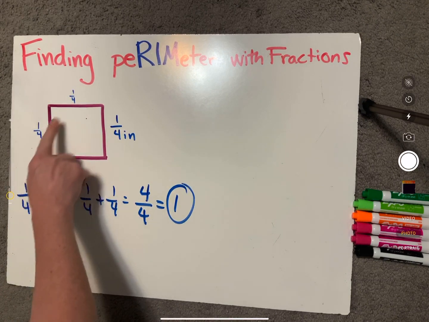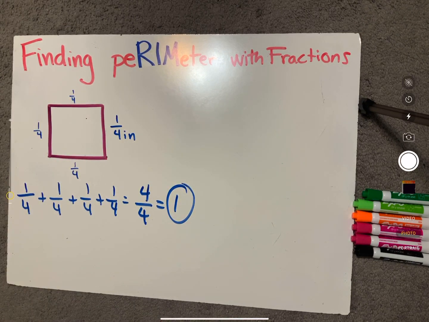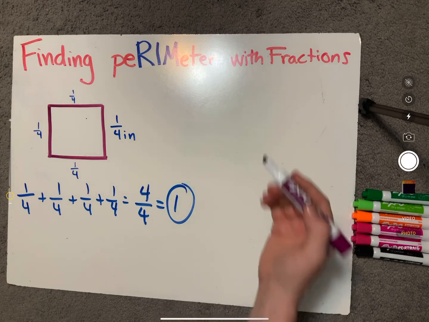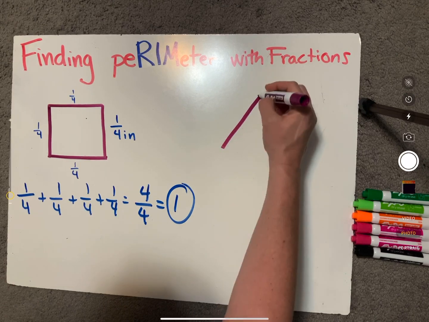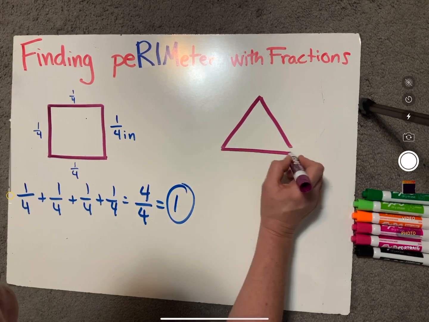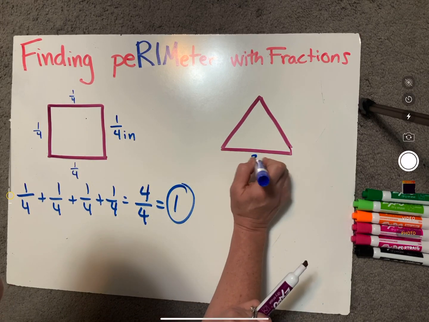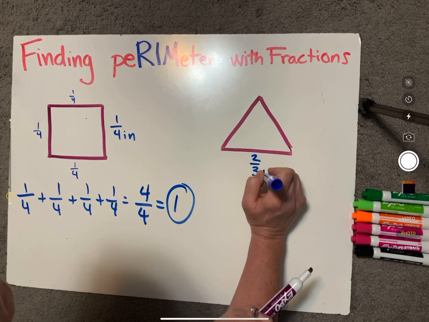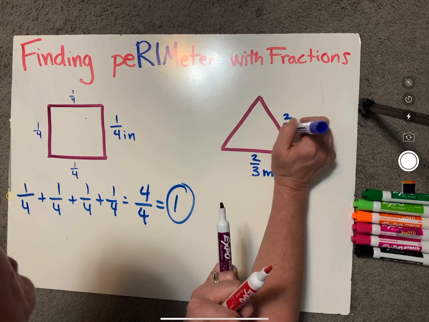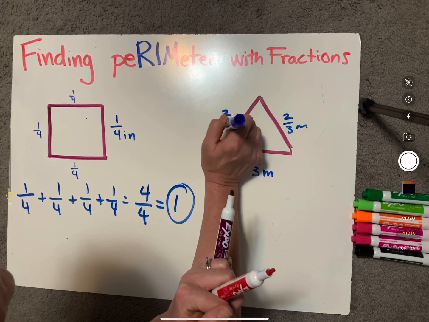I always make sure that I label each side just to make sure that I don't forget a side or that I forget what the measurement is. The same thing if I had an equilateral triangle. So let's say all these sides are equal, let's say I had 2/3 meters, 2/3 meters, and 2/3 meters.